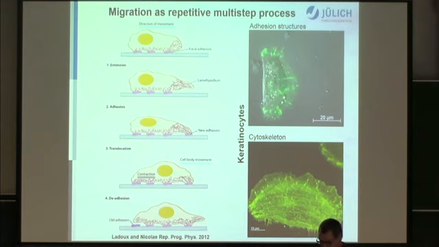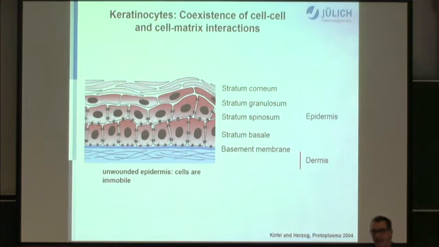So when I talk about epithelial cells, in this case keratinocytes, the first question that arises is how a cell that is typically completely sessile, forming, for example, the dermis, so the skin, suddenly can become motile.